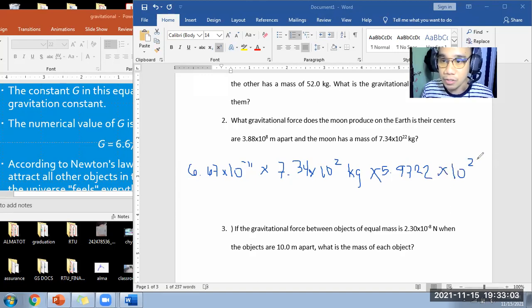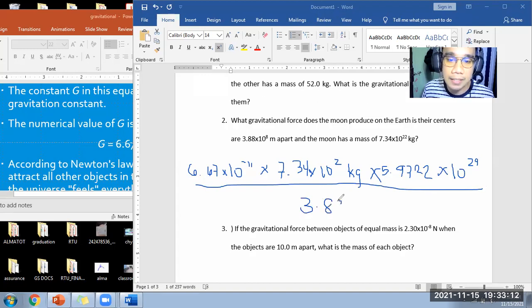So, yun ang mass ng Earth, di ba? So, di-divide natin ngayon yan sa distance nila na 3.88 times 10 to the 8 squared. So, yan. So, kompleto na yung given.